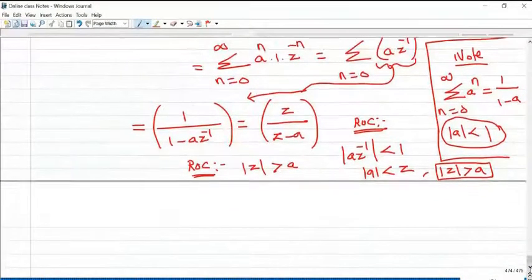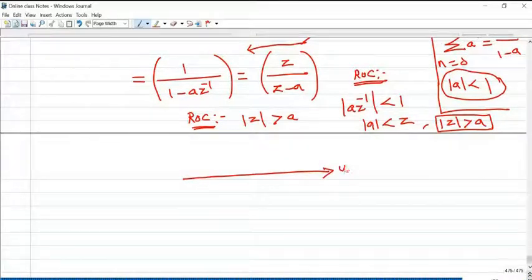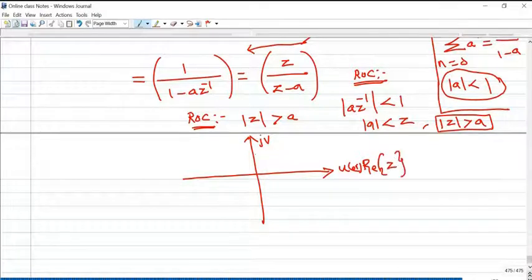Okay. Now how to plot this in Z domain? This is U, or real part of Z, and variable V, a standard representation, imaginary part of Z. Okay, in this example, zeros: Z divided by Z minus A, numerator equal to 0, so only one zero is available, at the origin.